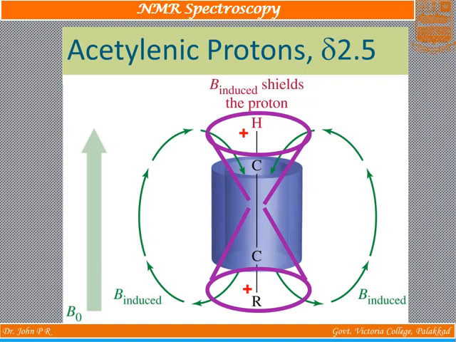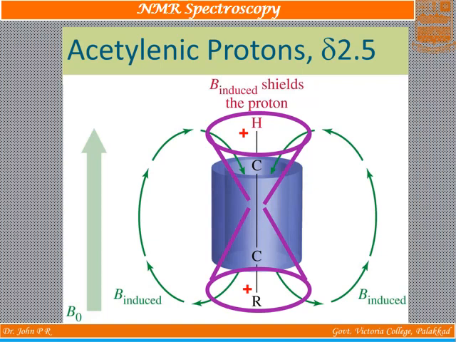So the normal expectation is that these hydrogens, we know acetylenic hydrogens are acidic in nature, are highly de-shielded because of the electronegative nature of sp hybridized carbon.